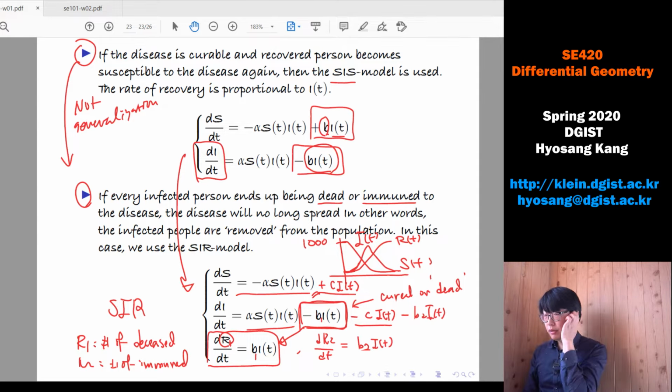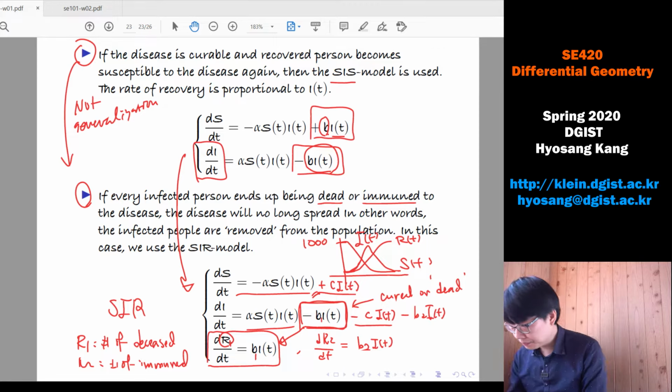Then if you set up the equations like this, you can control the situation more accurately: how many are deceased, how many are immune. Does this answer your question? Okay.